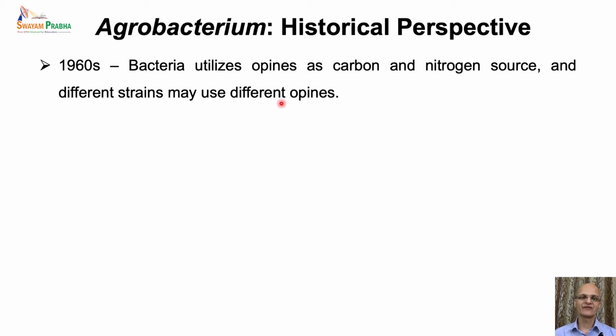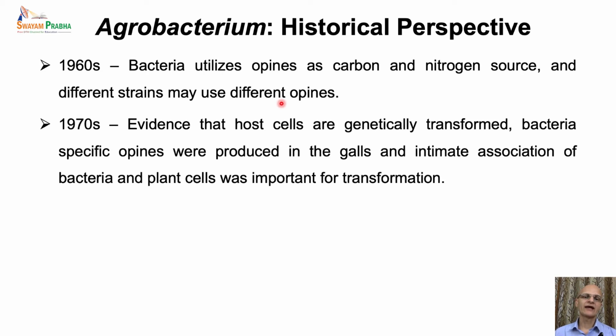was identified. By the 1970s, technologies were available that could help in identification of the tumor inducing substance. So during the late 1960s or 70s, evidence suggested that the host cells are genetically transformed. Bacteria-specific opines were produced in the galls.